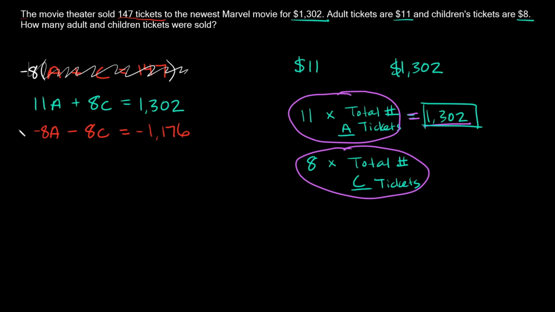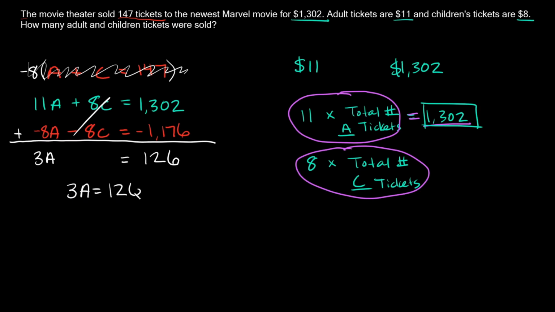And all you have to do now is add these together, okay? So first of all, here, 11A minus 8A is equal to positive 3A, right? And then here, positive 8C and negative 8C just cancel out, so we don't have anything here. So then this is equal to 1,302 minus 1,176, and that is equal to 126. Okay, so then down here, we're just left with 3A is equal to 126, right?